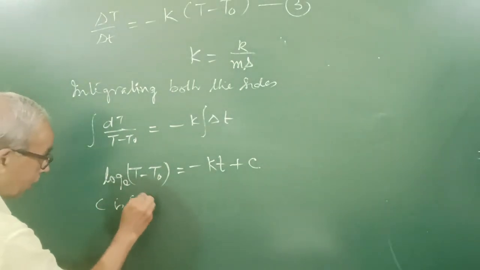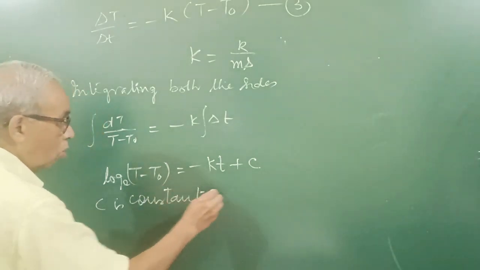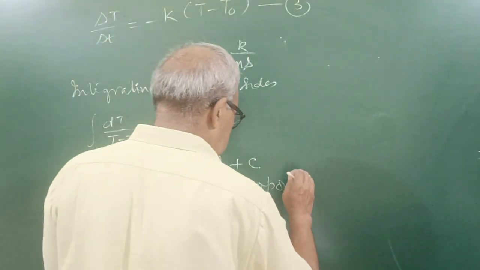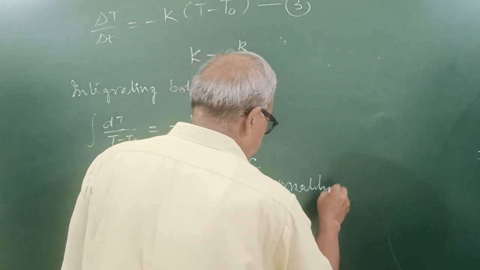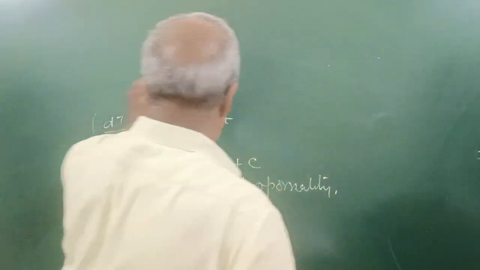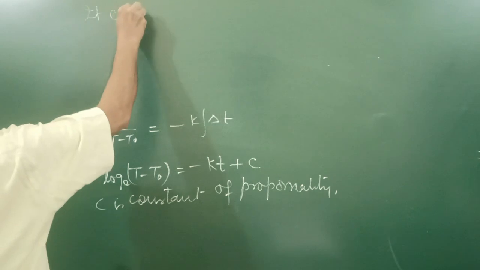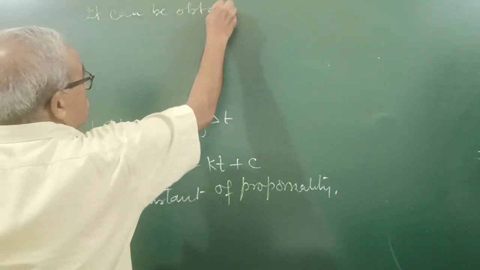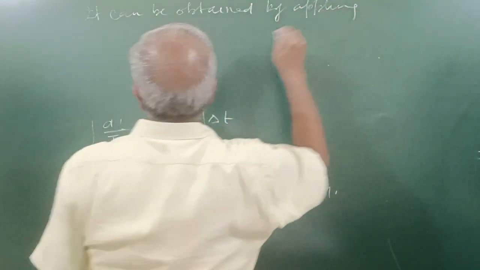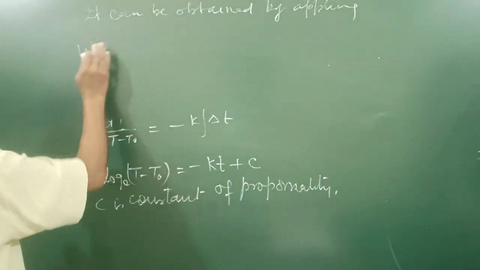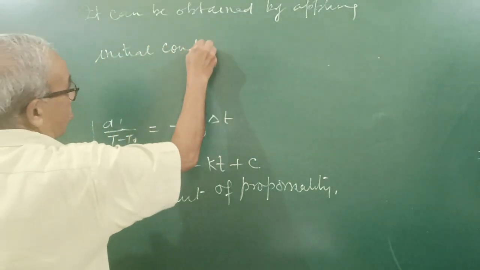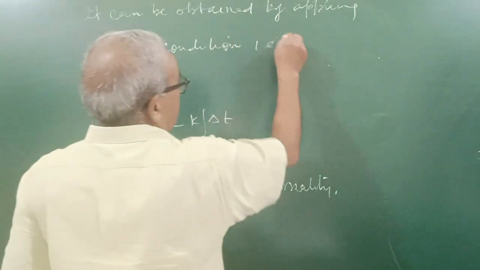C is the constant of integration, which can be obtained by applying the initial condition. What is that?